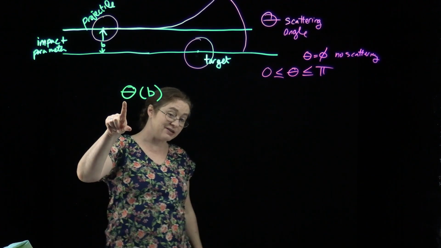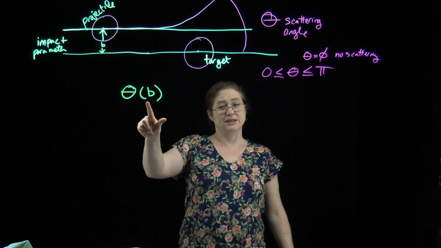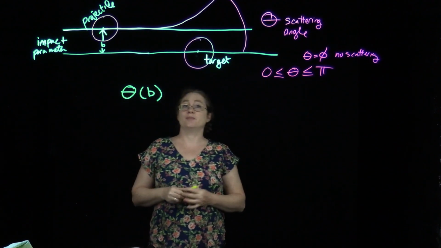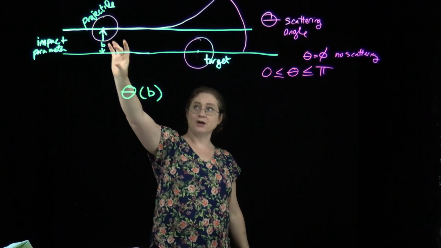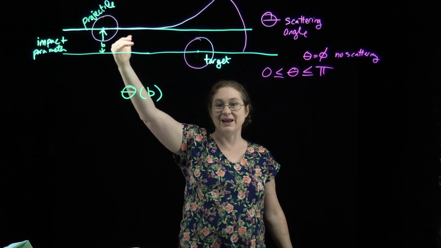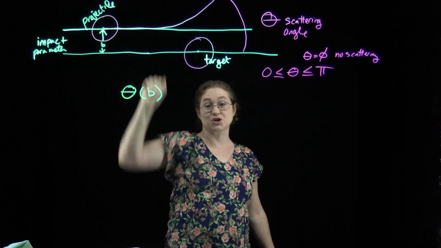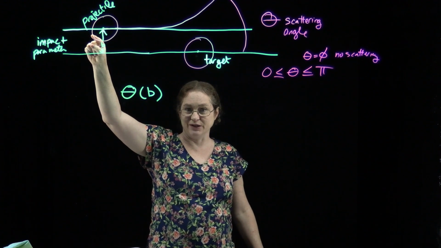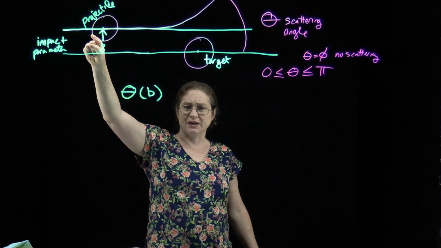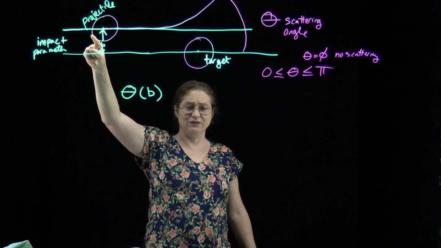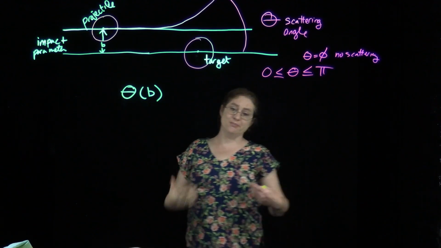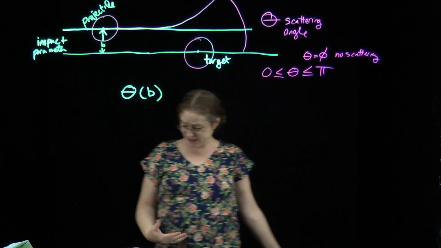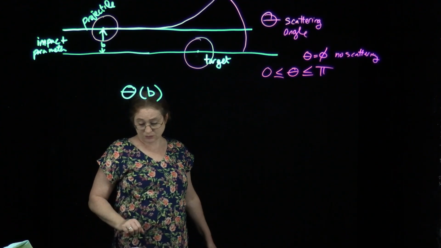The scattering angle typically can be measured, but the impact parameter cannot be, at least not directly, because when you're talking about subatomic particles, we can't measure their positions to something on the order of their radii. If we're talking about nuclei, that's 10 to the negative 15th meters. We simply cannot measure their positions before a collision that accurately.